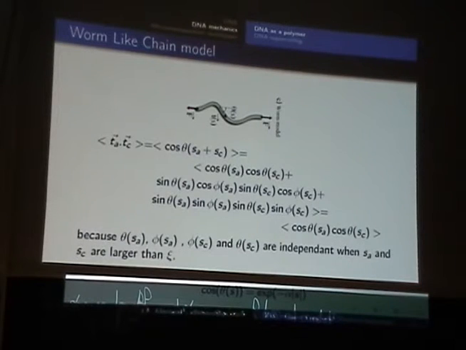So the cosine that we are looking at is given here. How the orientation is done, so what is the average projection of the tangent vector C on the tangent vector A. So in the way I define my function here, it's simply given by the cosine of the angle theta after a distance SA plus SC along the chain here.